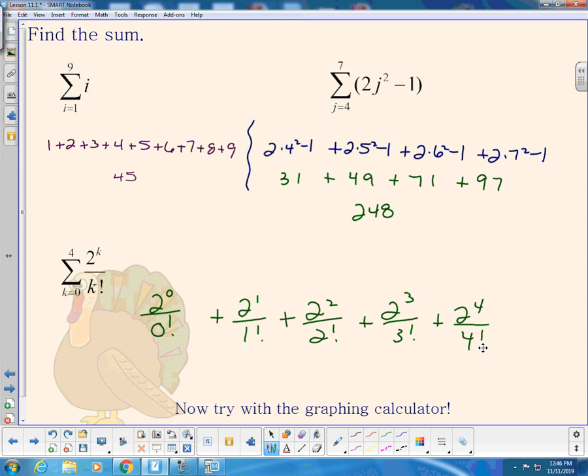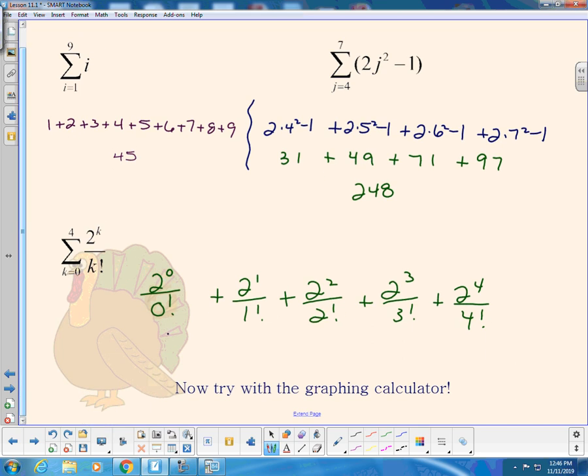okay? So 2 to the 0 is 1, divided by 1 is 1, plus 2 divided by 1 factorial is 2, plus 4 divided by 2 is also 2, plus 8 divided by 1 times 2 times 3 is 6, 8 divided by 6 is 4/3, plus 16 over 24 is 2/3.